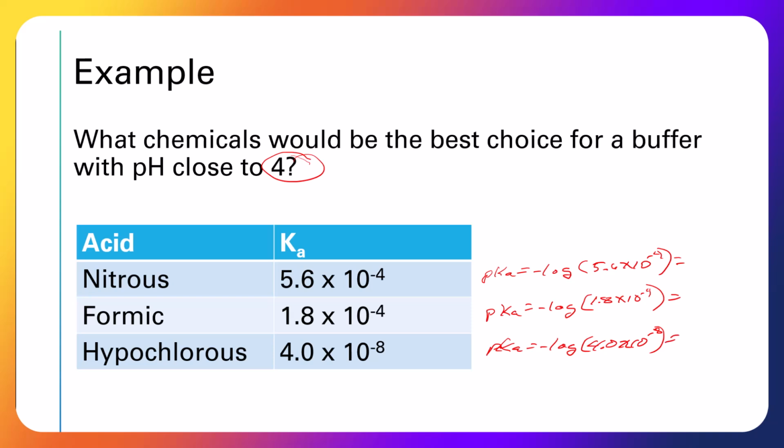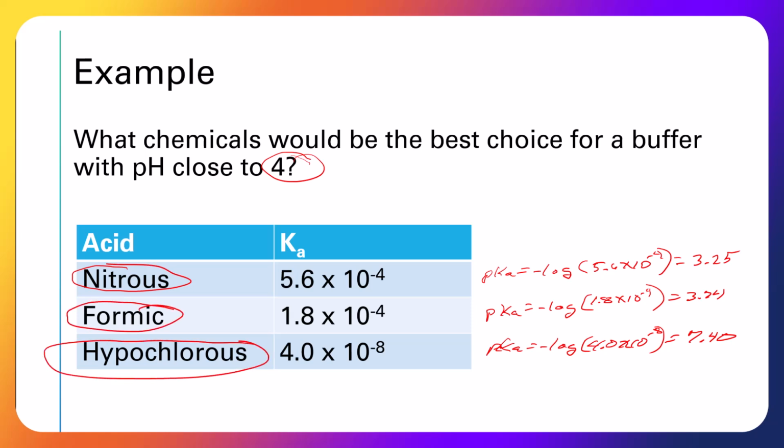All right, so here we go. All of these acids, that's how you're going to choose your buffer system. You choose the acid that has a pKa closest to the one you want. That appears to be the formic acid. And by the way, formic acid is the acid that gets injected to you.